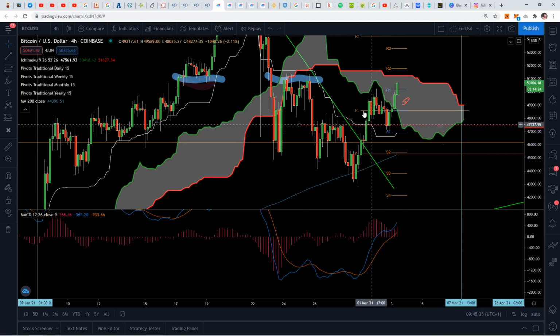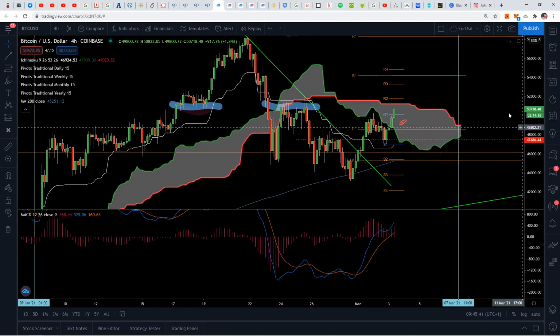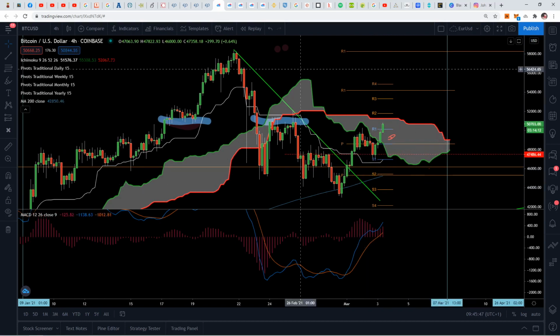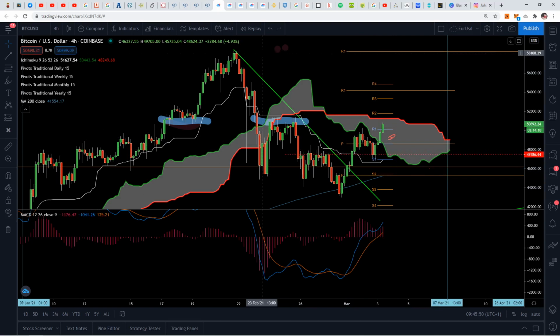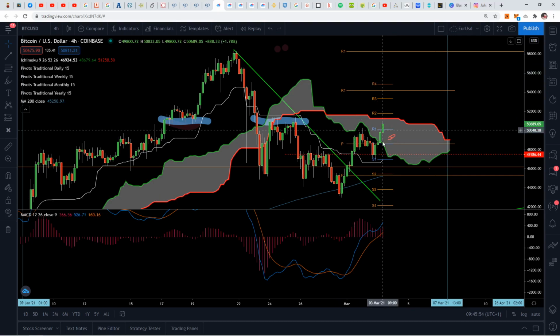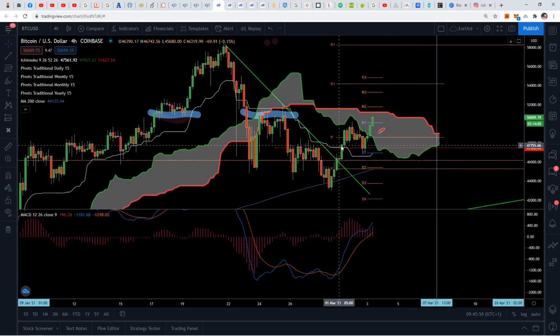So this is the risk you're taking here. And if you're using leverage, of course, that risk can be substantial. But on the upside, you have, of course, the target up here, 58,000. So you have a good 2-to-1 trade here, I would say. So that would also be good.